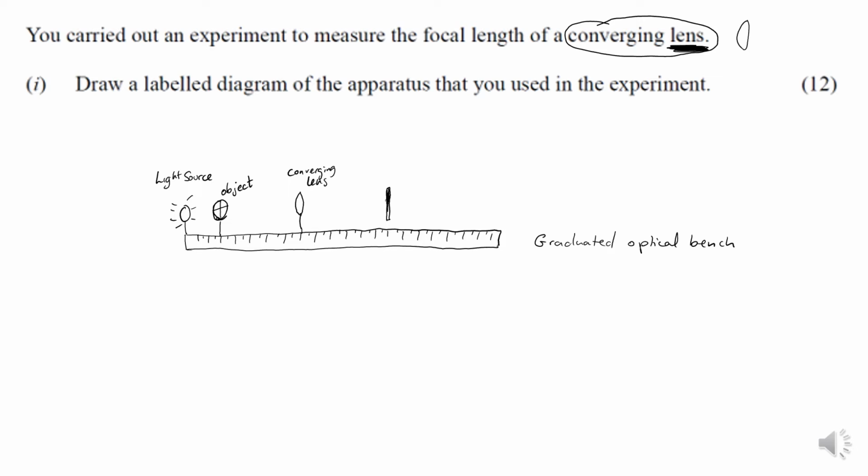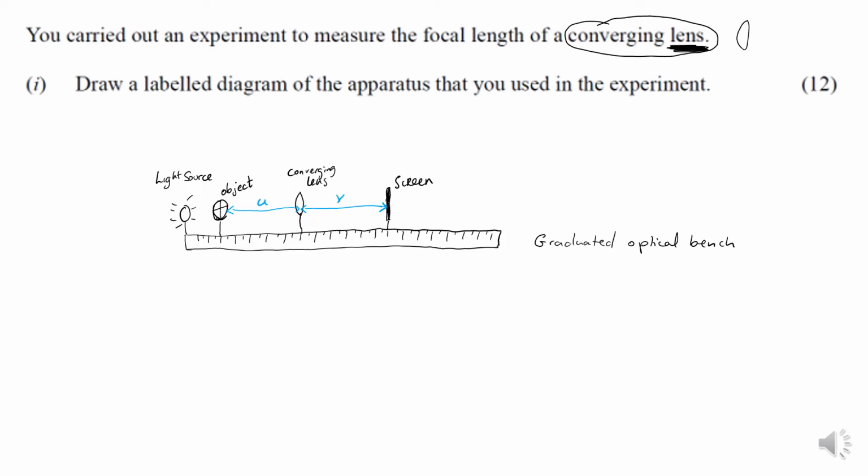Now again, we don't have to be too artistic as long as we label everything. Now the other important parts to mark on one of these diagrams, and I'm sure we're going to be asked later in the question, so we may as well do it now: the distance from the object to your lens is known as u, the object distance, and the distance from the center of your lens to the screen is known as the image distance, v.